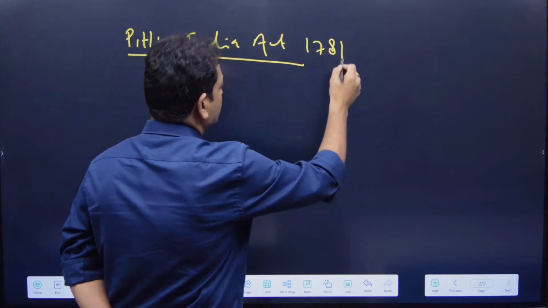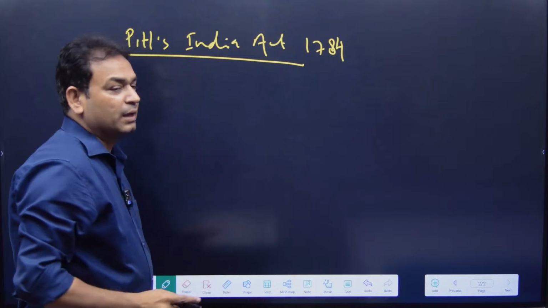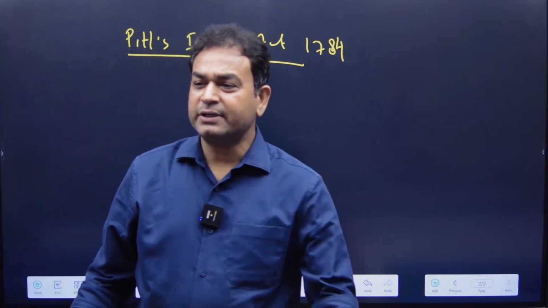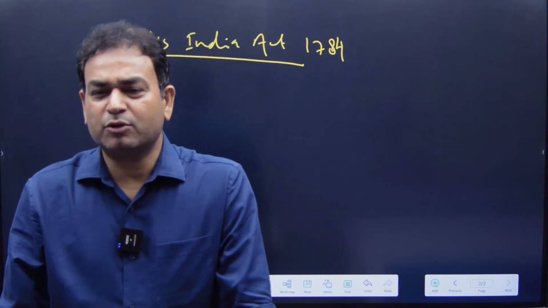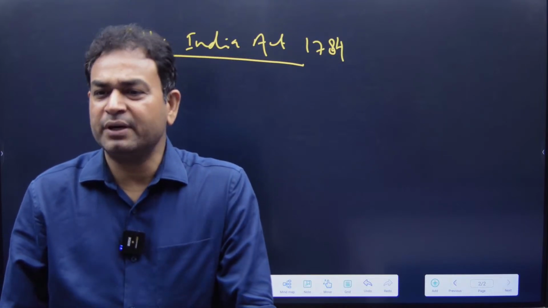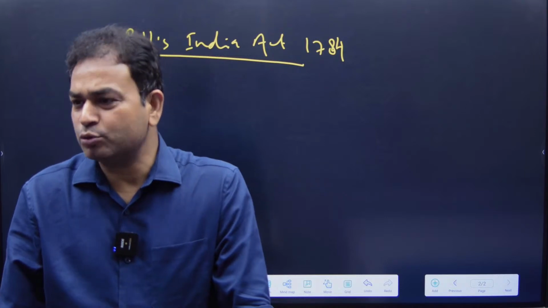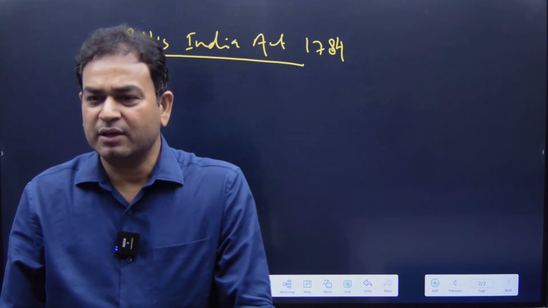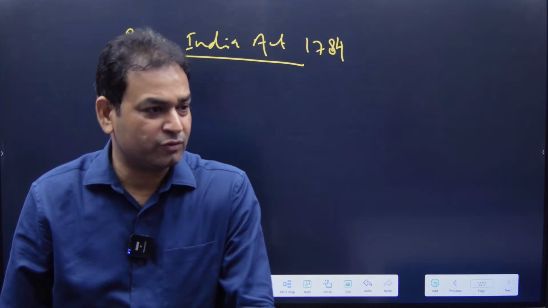As I told you, in Regulating Act 1773, it was provided that the company has to submit a paper, a report regarding its political affairs and revenues.